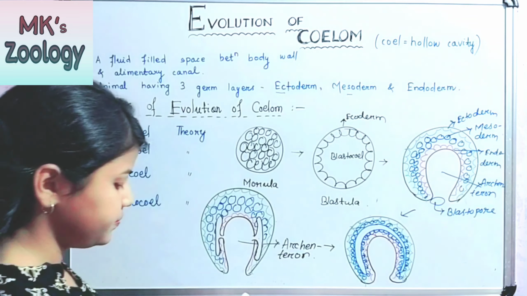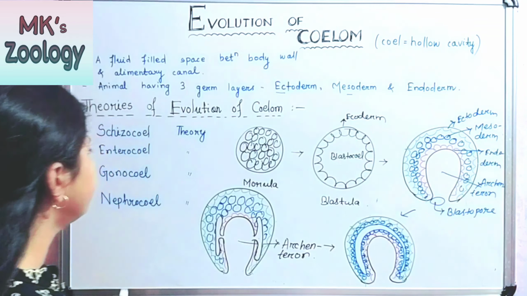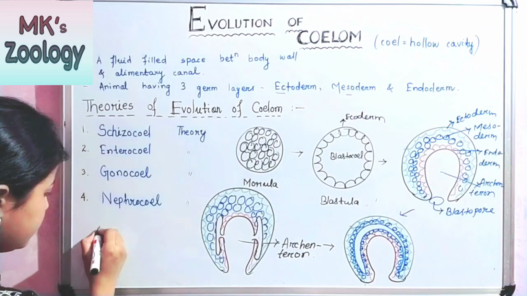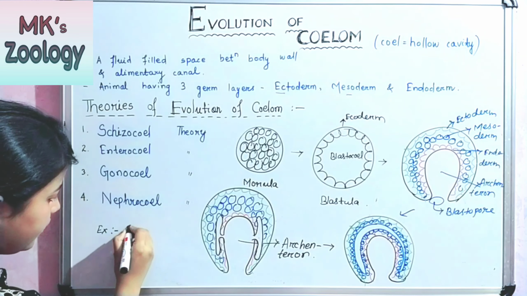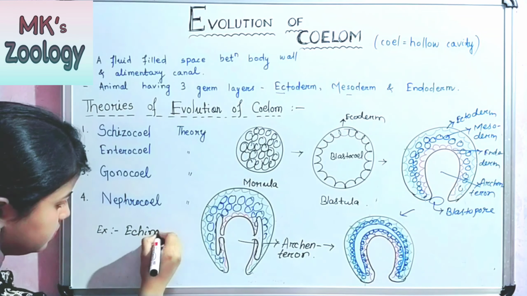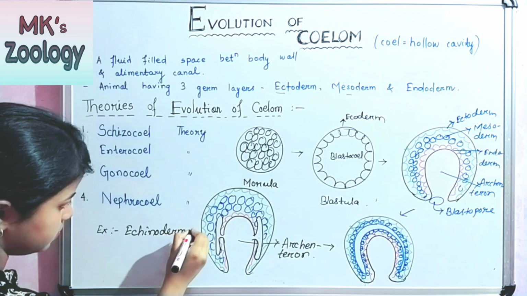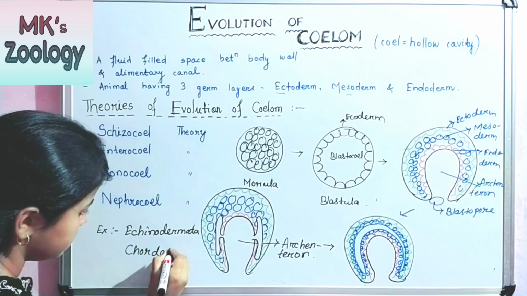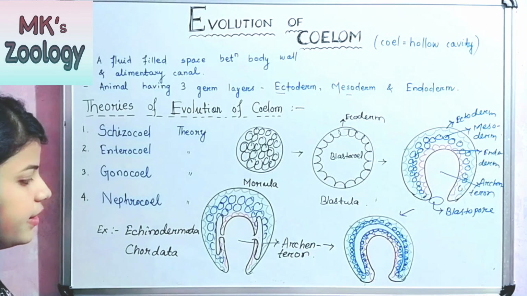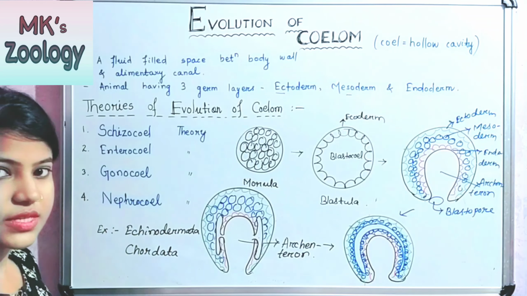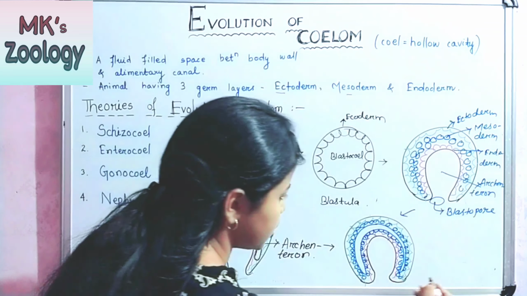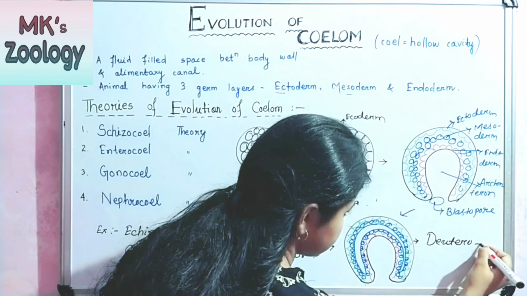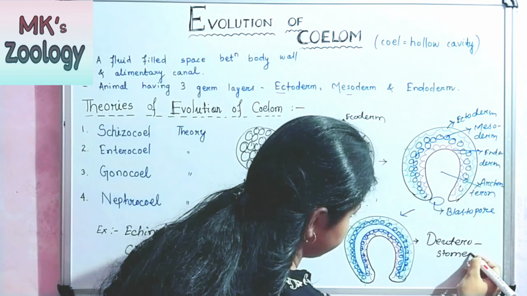Okay. Then come to the examples of enterocoelomate. The examples of enterocoelomate are Echinodermata and Chordata. And the enterocoelomate organisms are also called deuterostomes. What does deuterostome mean?